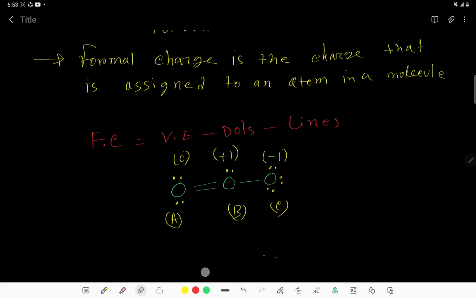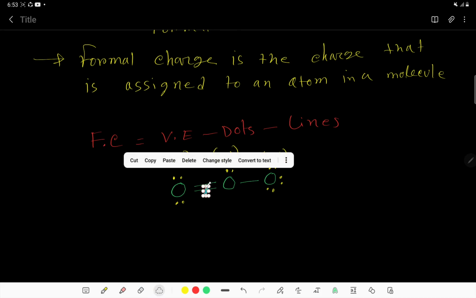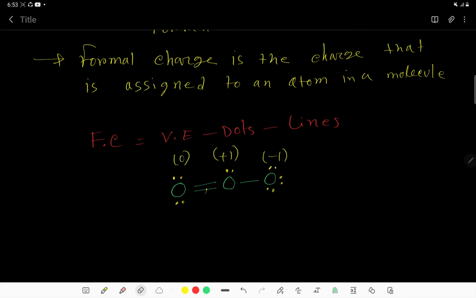Okay, let me show you another way to find out the formal charge for all these oxygens. Look, I can replace this bond by dots, right? So let me do that. Also I can replace this bond by dots. A single bond means 2 dots, right?